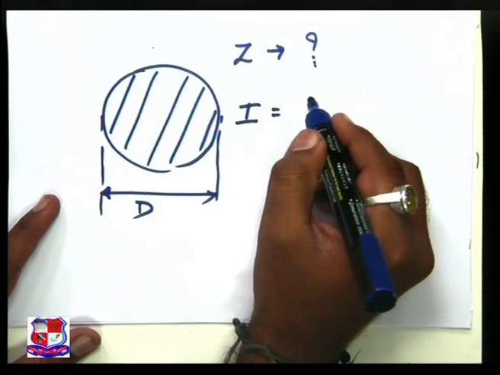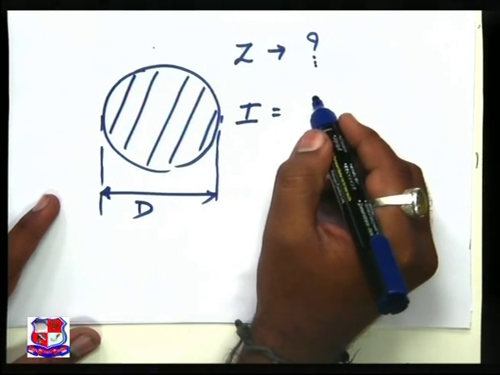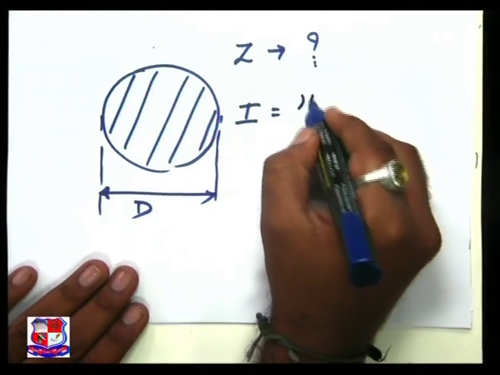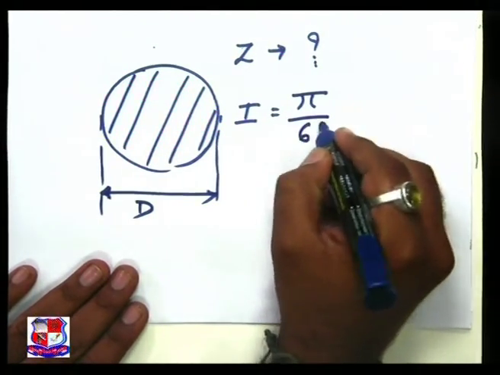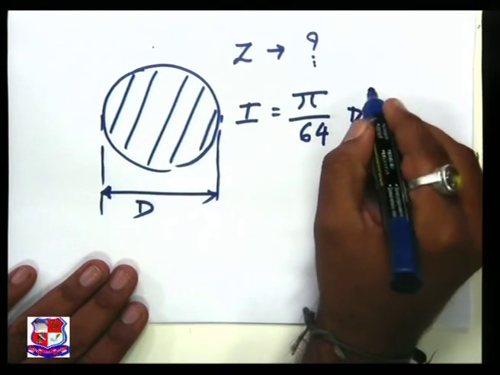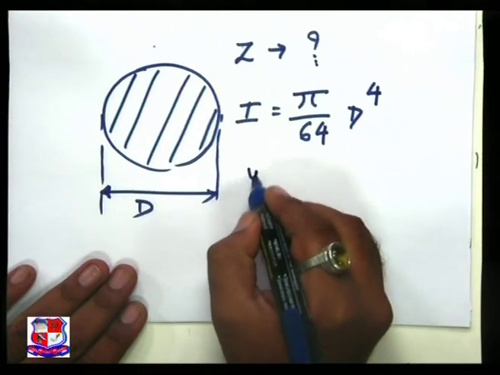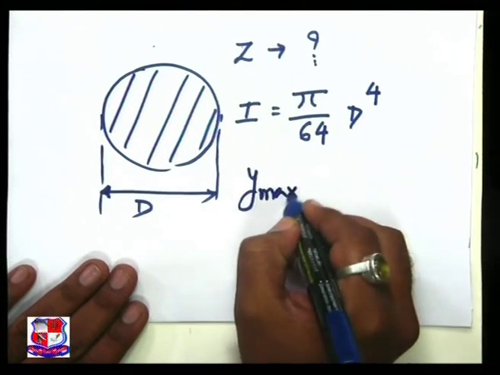Recall the fundamentals of moment of inertia. The value of I for the given section is pi by 64 d raised to 4. What is the value of Ymax?